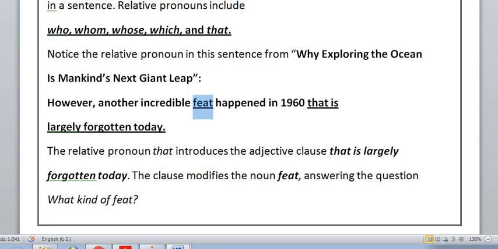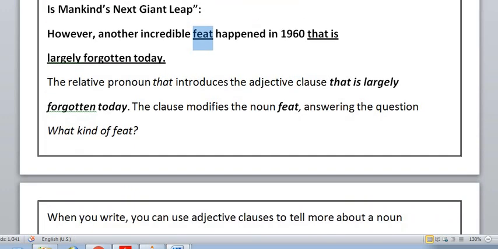So this part, from that on, modifies this word, feat. If you don't understand that, maybe the sentence is too long, it may take time to understand, so you can know where to start the adjective clause. The understanding you can find later or try it later.